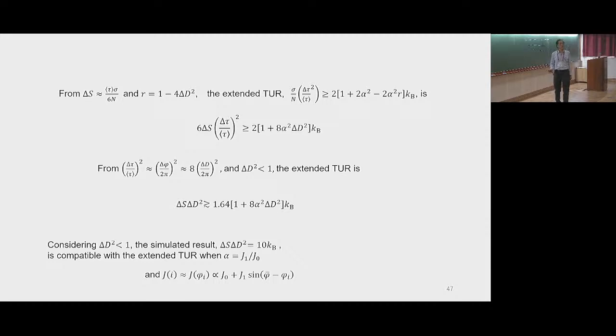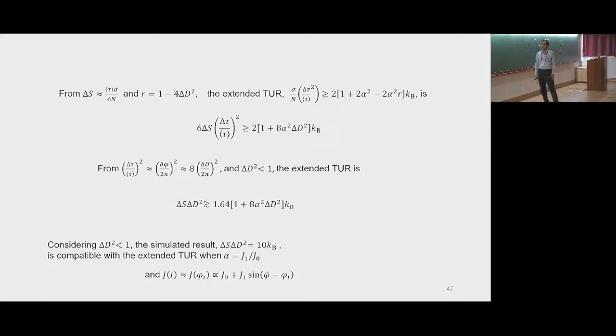So we do not know the exact way to estimate alpha yet. I believe that alpha should be derived from microscopic considerations. So this is left as an open question.